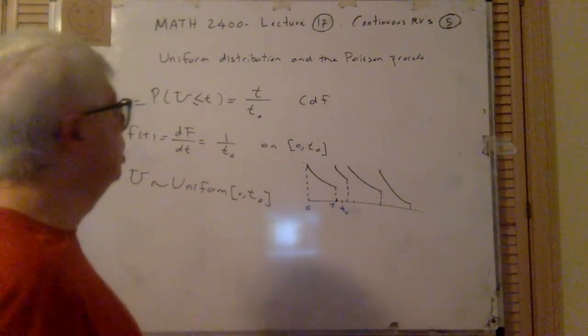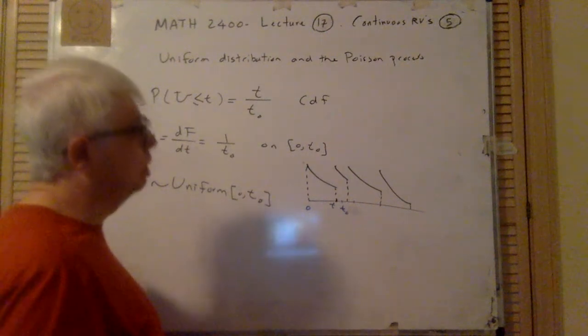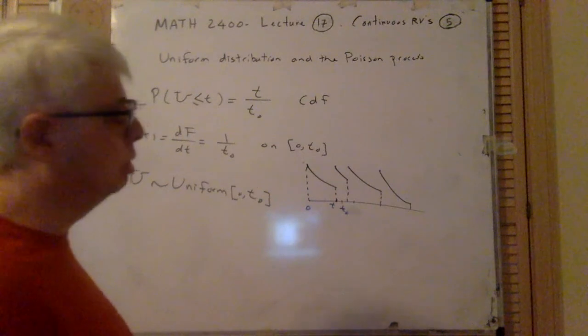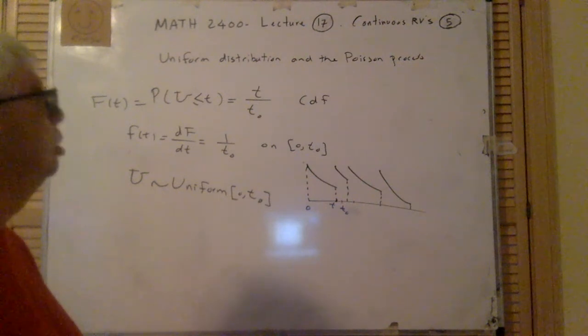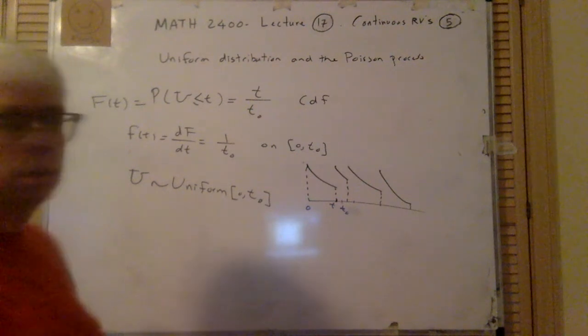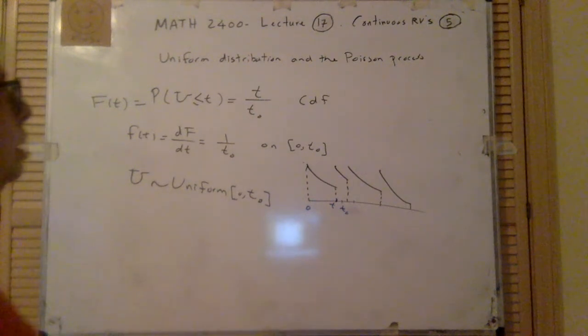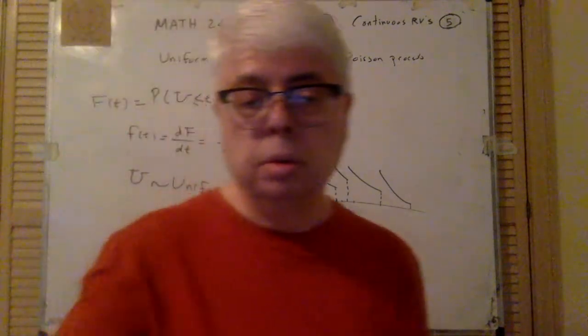Well, that was the lecture on Poisson process, and you saw how it is related to these three random variables. Okay, see you next time.